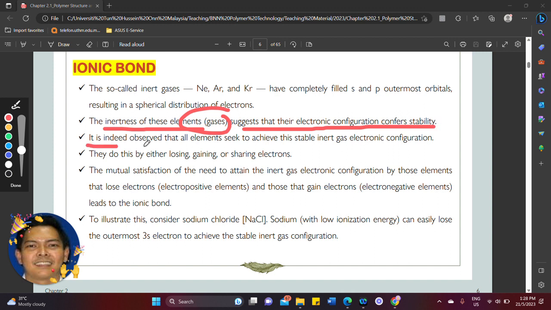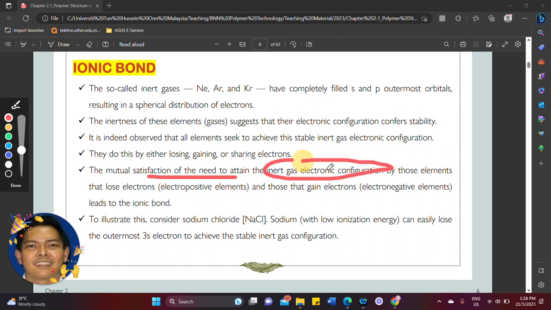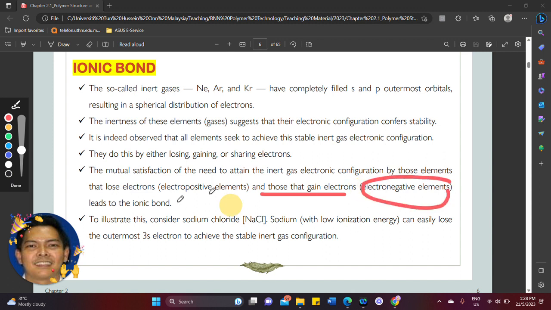It is indeed observed that all elements seek to achieve this stable inert gas electron configuration. They do this by either losing, gaining, or sharing of electrons. The mutual satisfaction of the need to attain the inert gas electron configuration by those elements that lose electrons, also known as electropositive elements, and those that gain electrons, electronegative elements, leads to the formation of ionic bonds.